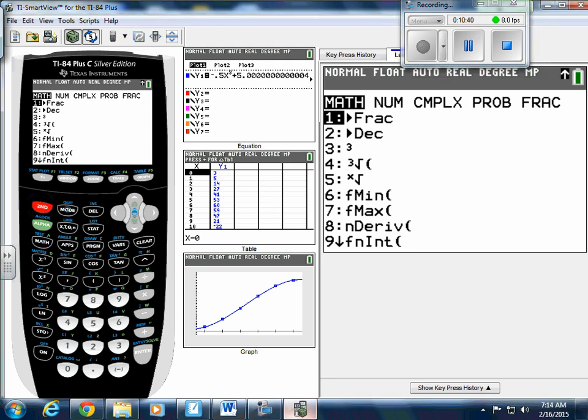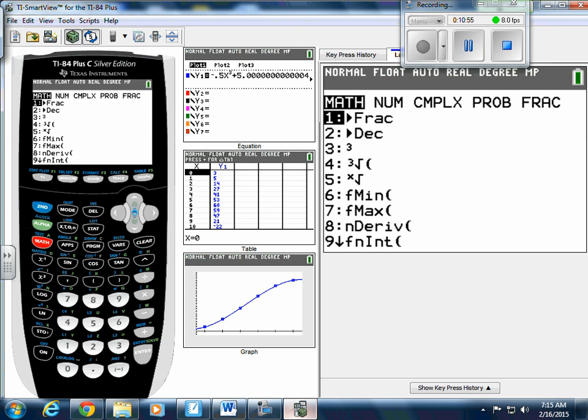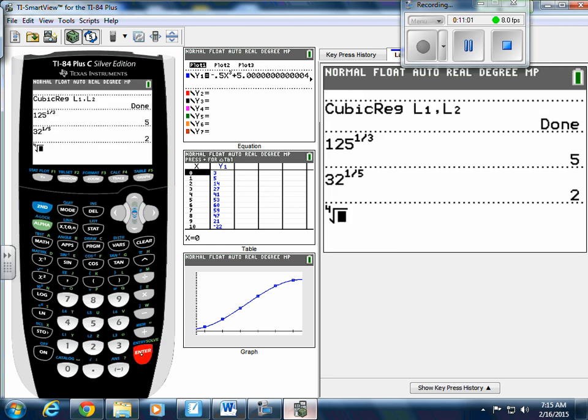Let's say I want to take the number 81. And I want to find what is the 4th root of 81. So actually what we're going to have to do is put whatever index number we're using first. So I'm going to use the 4th root. I'm going to hit my math button. I'm going to go to the x root, and then I'm going to type in 81, and it'll give me the answer there.